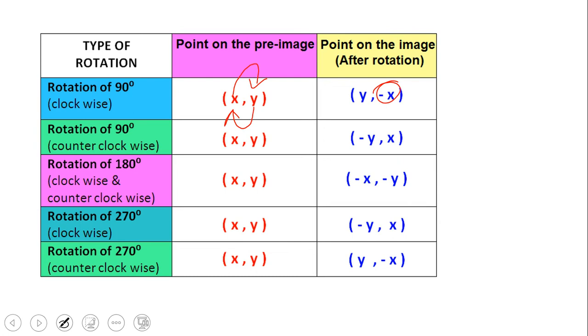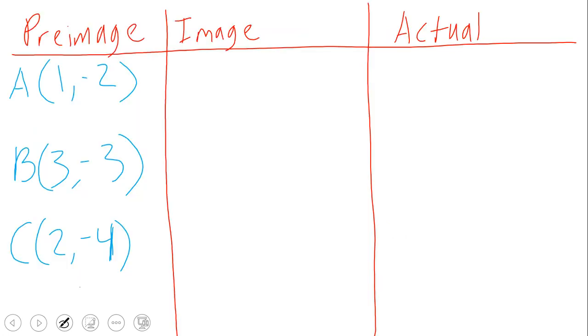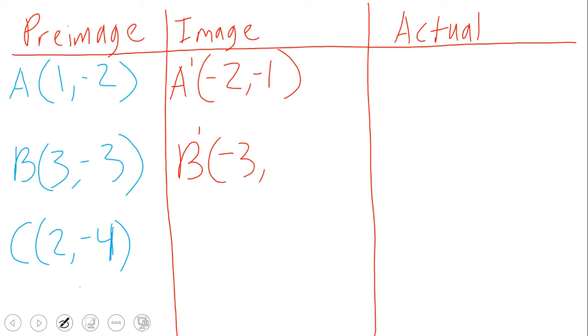All right, let's do that. First we switch it. So A prime is going to be -2 and 1, but then we must negate the x. Same thing for B prime: we switch it, so it's -3 and 3, then we negate the 3.